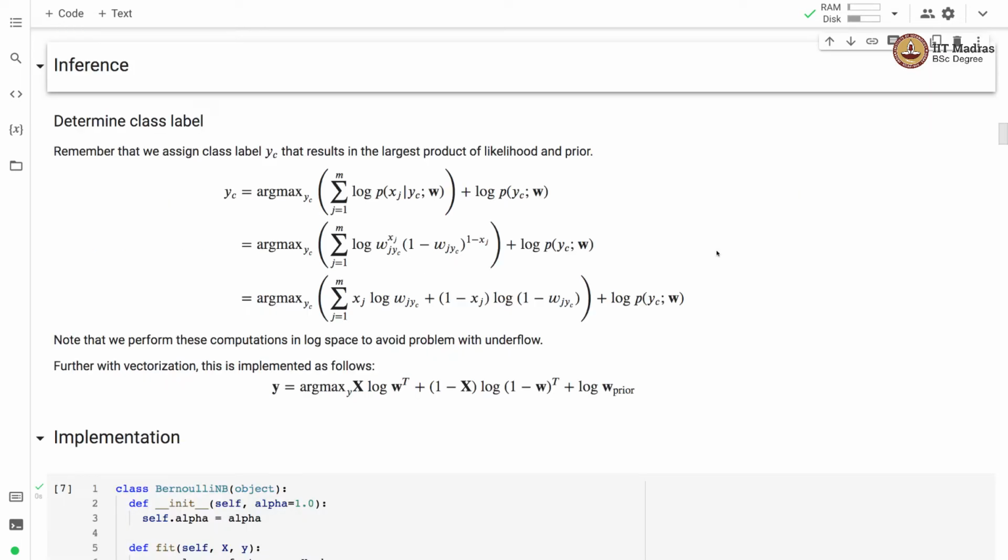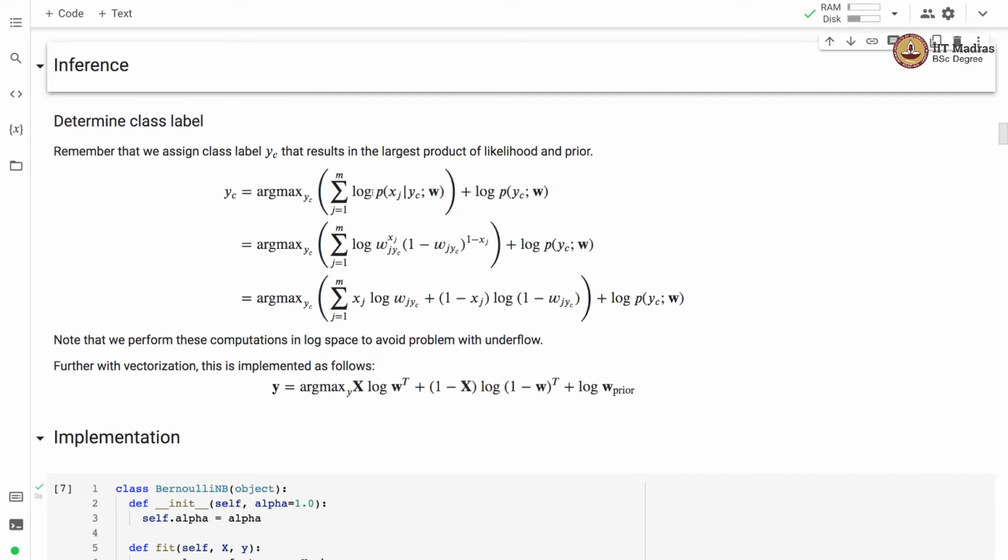As a next step, let us perform the inference where we'll assign a class label to each example. Remember that we assign the class label that results in the largest product of likelihood and prior. So we assign the label y_c that results in the highest sum, in the log space, of log likelihood and log of prior.